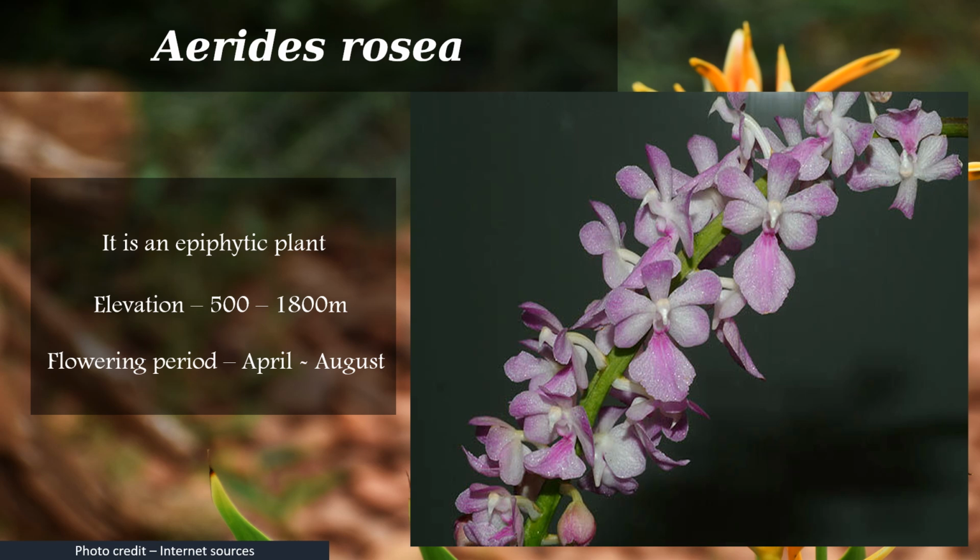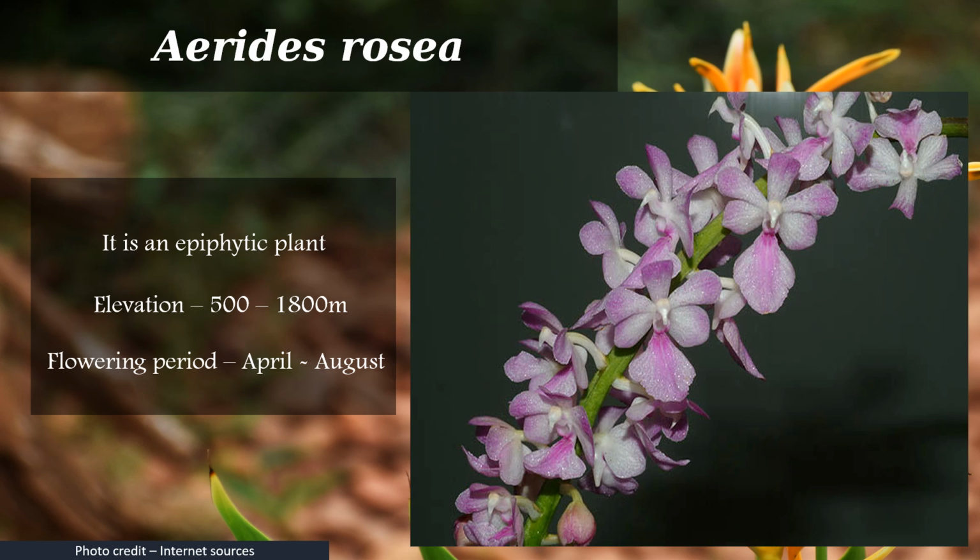You can say it is also an arrow shaped, triangular, pointed type. Morphologically it is very different from Aerides multiflora because of the lip, as I have just described. The elevation is from 200 to 1800 meter, and the flowering period is from April to August.